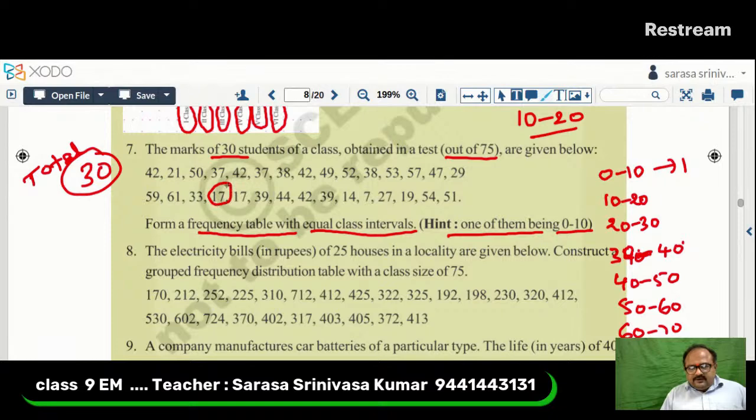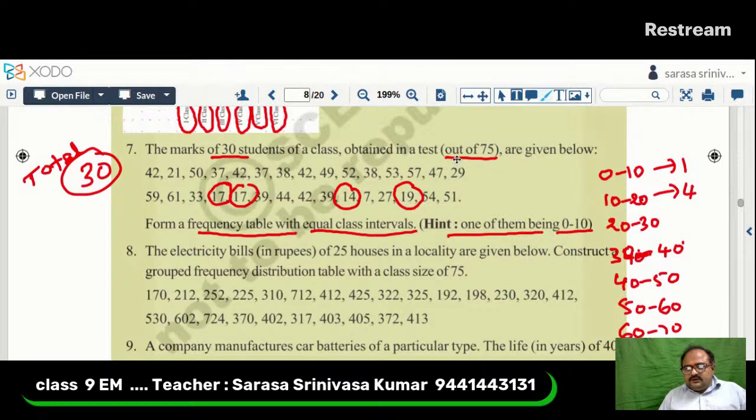Here 17, again 17, 14, next 20. So how many students are there in this class interval? In the class interval of 10 to 20, there are 4 students.